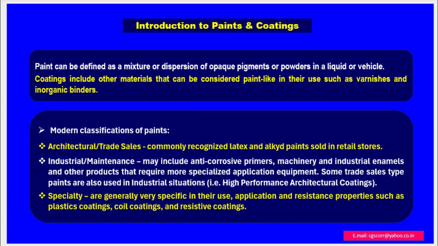Some trade sales type paints are also used in industrial situations, for example, high-performance architectural coatings. Specialty coatings are generally very specific in their use, application, and resistant properties, such as plastic coatings, coil coatings, and resistive coatings.